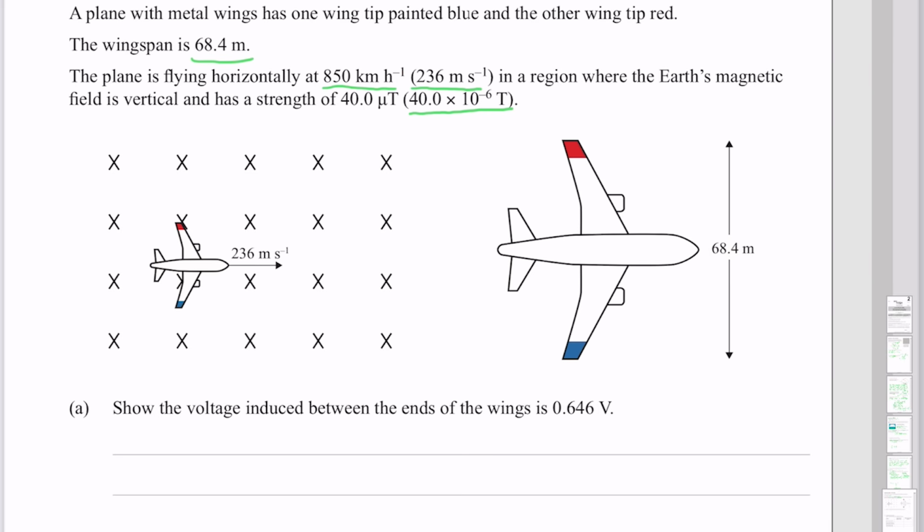The voltage for a wire moving in a magnetic field is given by this equation here, where we have our magnetic field strength B, we have our velocity v, and we have our length L. Putting our numbers in gives me 0.645696, or rounding to 3 significant figures, which is what the question gives us. We indeed get 0.646 volts.